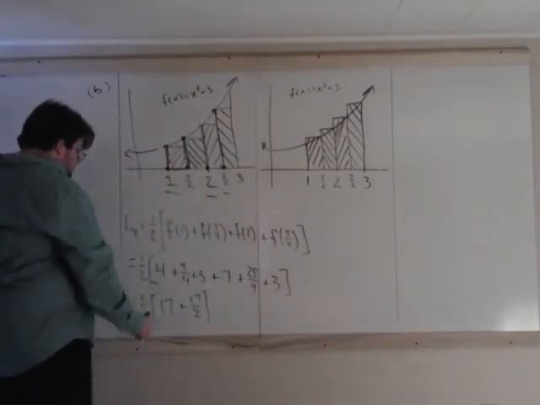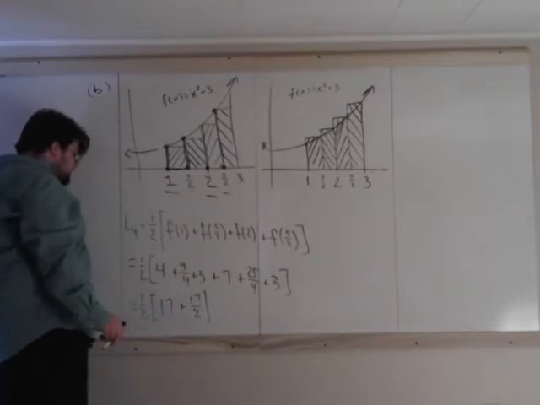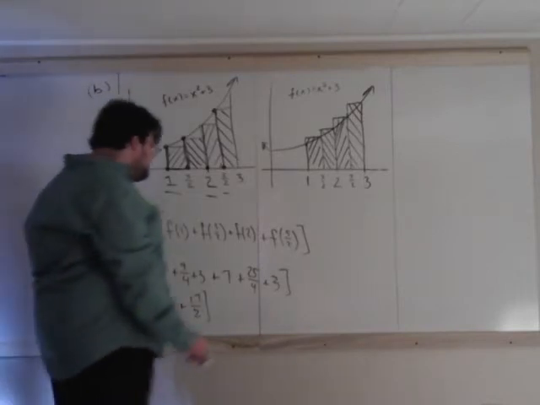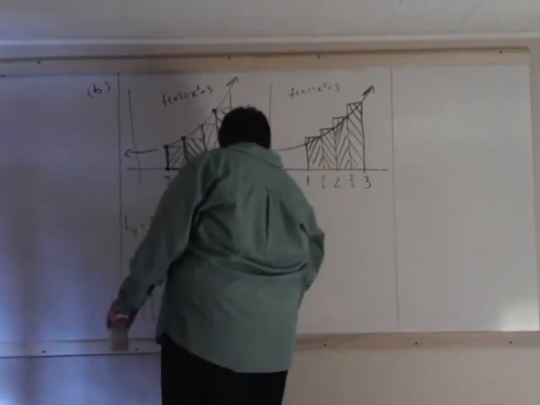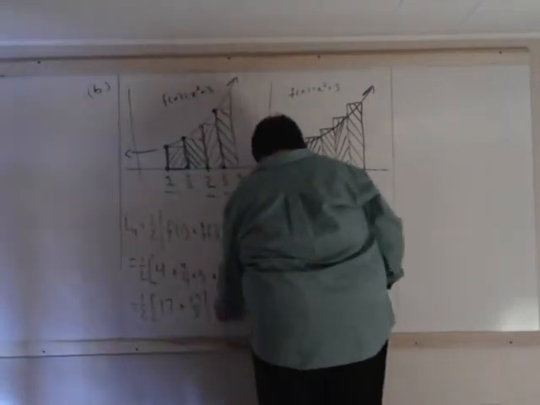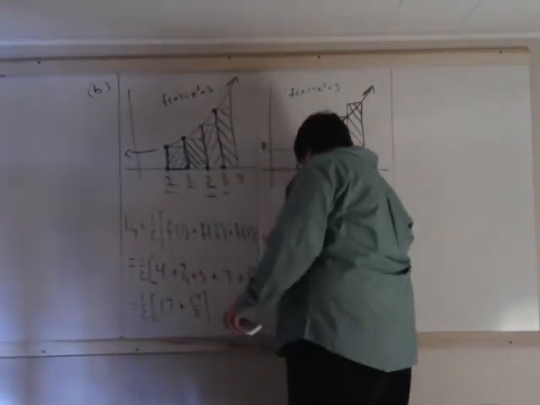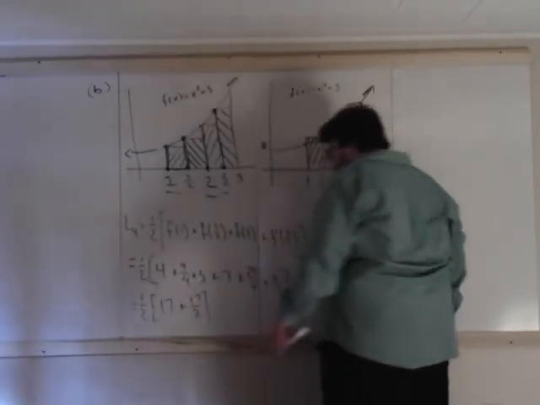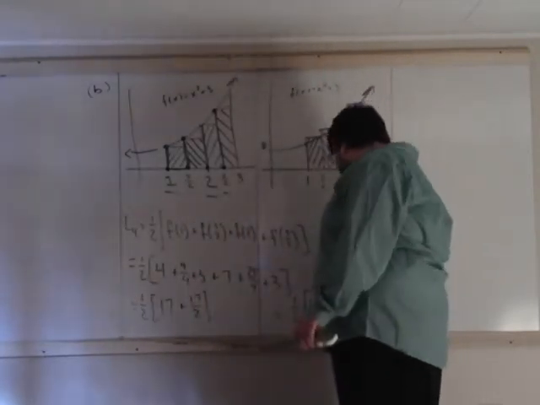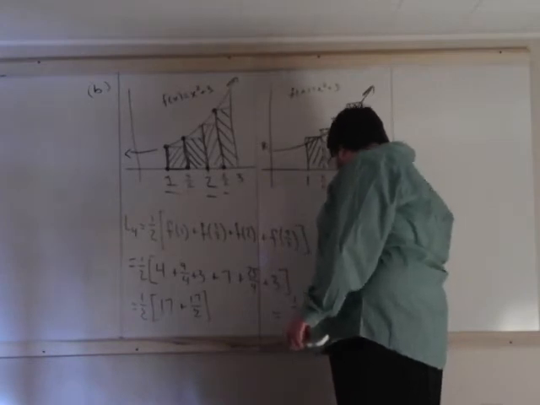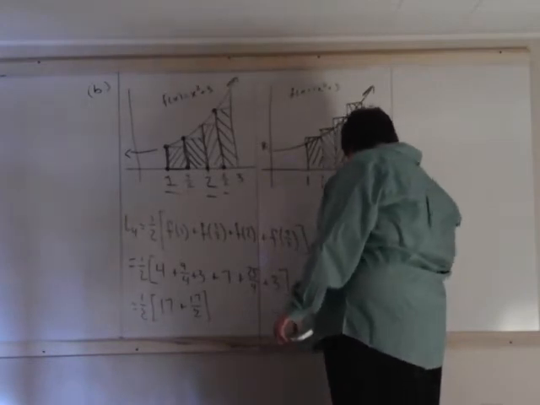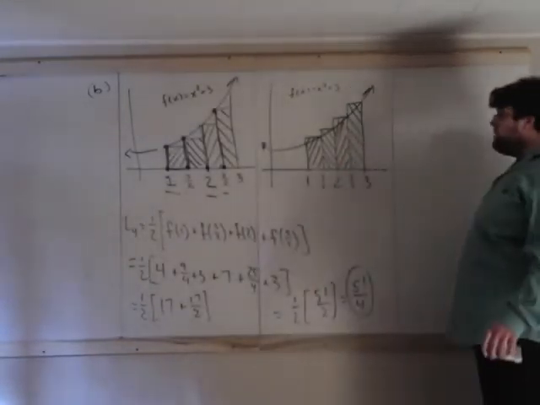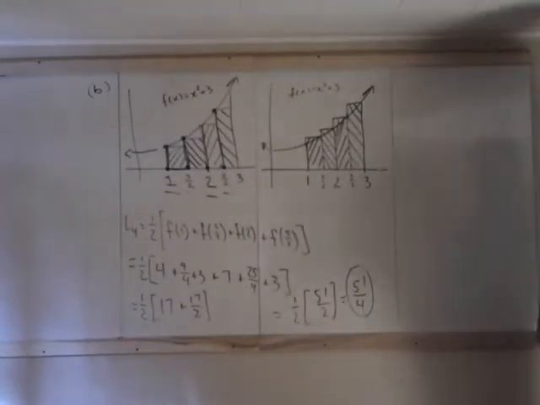Well, I would add these up in the middle next. So this is 34 halves plus 17 halves. So the inside here, 34 halves and 17 halves. 34 and 17 make 51. So for the left approximation, with 4 rectangles, we got 51/4.